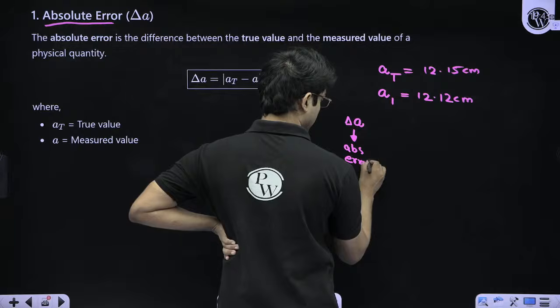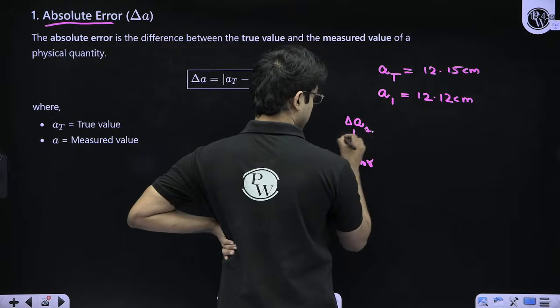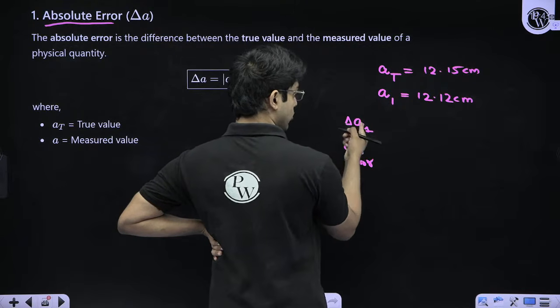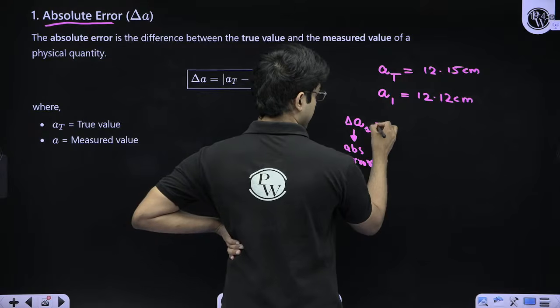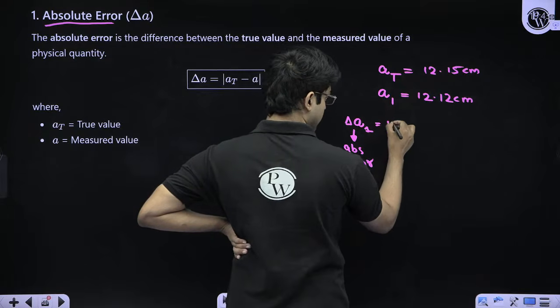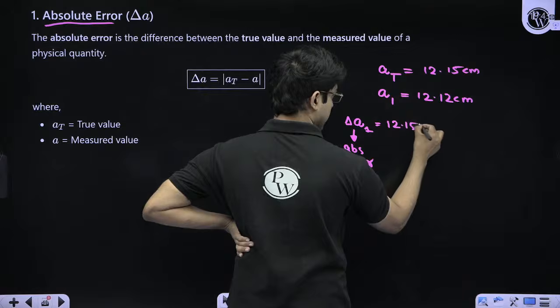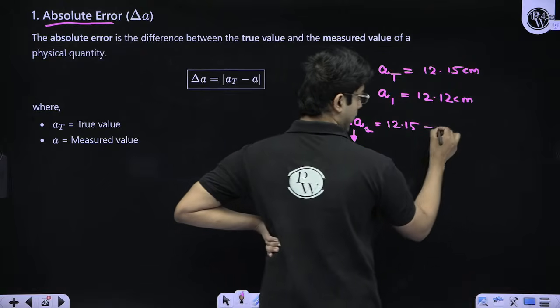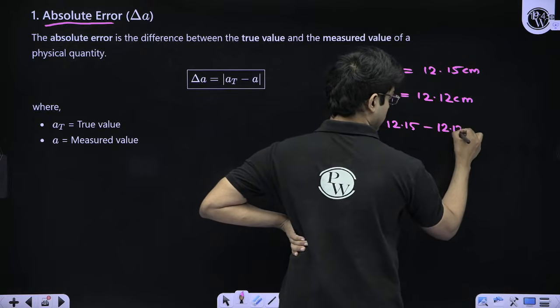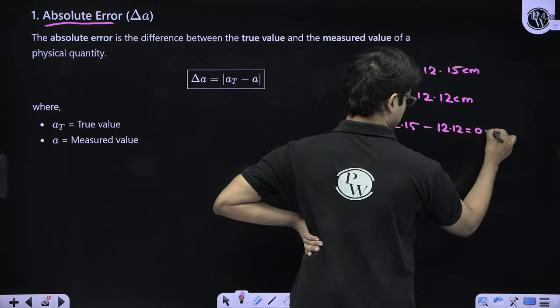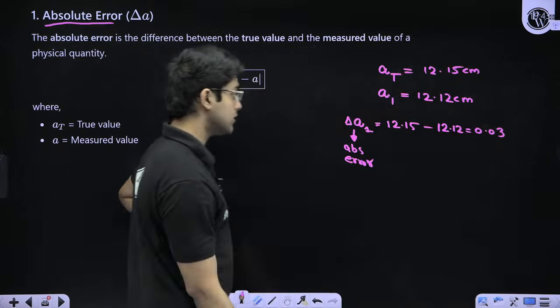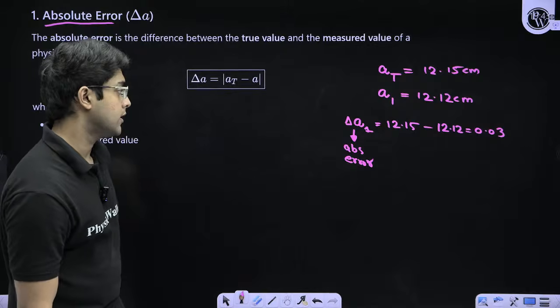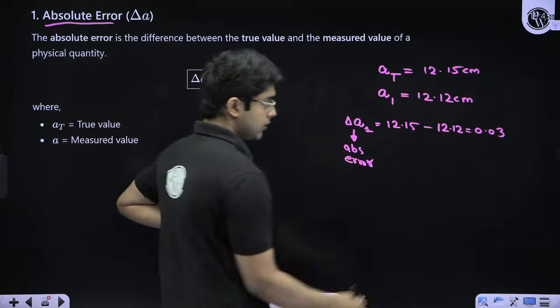And we'll also use a 1 in the subscript. 1 stands for absolute error in the first reading. This will be equal to the true value 12.15, and you subtract the reading value 12.12, and the answer is 0.03 centimeter. That will be the error.